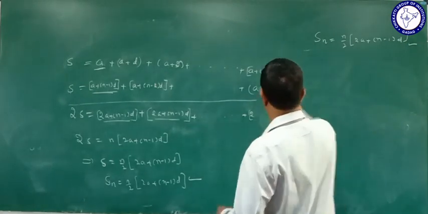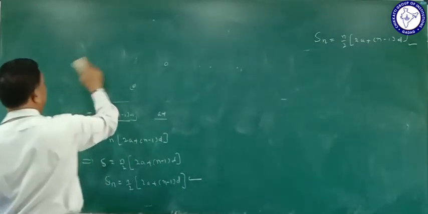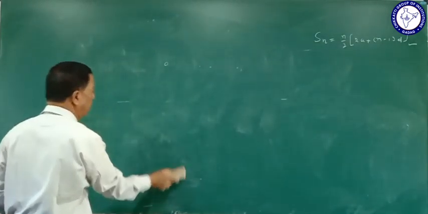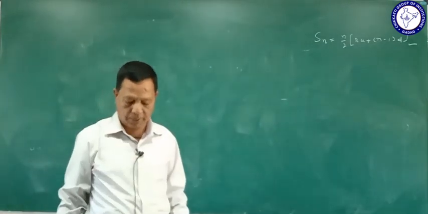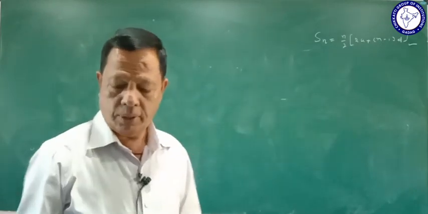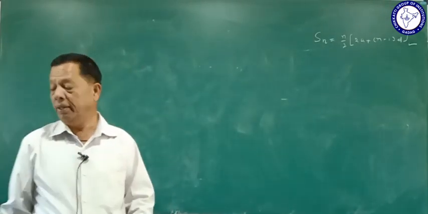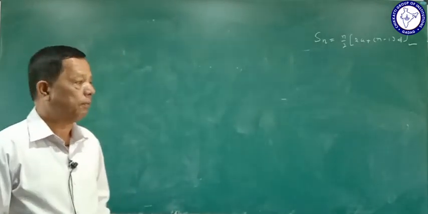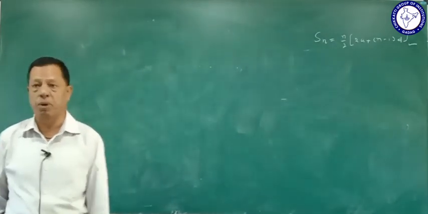See how we have derived this using the technique that Gauss used. When he was a student, his teacher gave him a punishment to do this work, and to face that punishment he planned and worked out this problem.